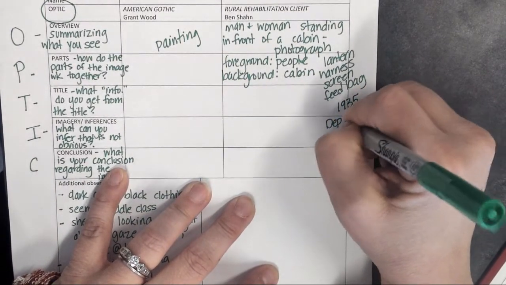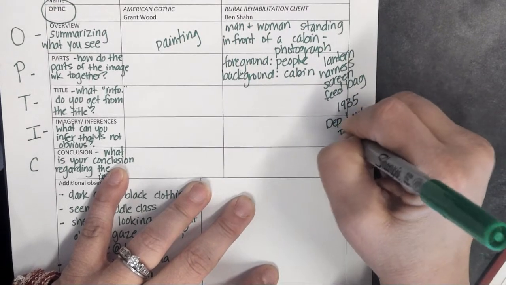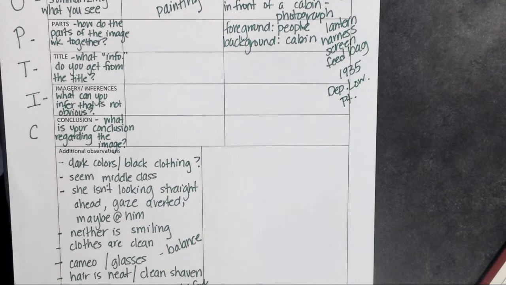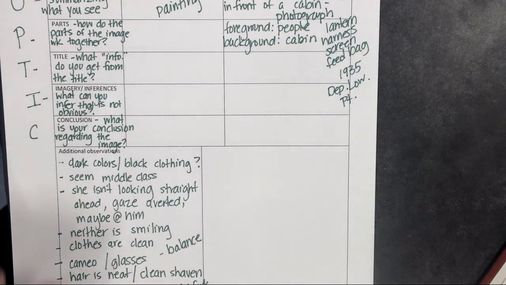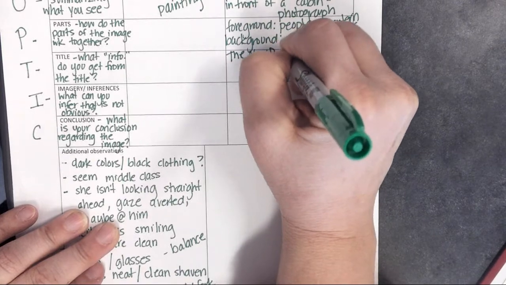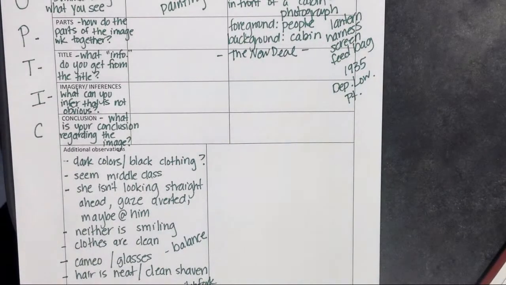So, what might we get from the title? What was introduced in the 1930s to help us get out of the Depression? There's a lot of organizations that are involved, and they were under the New Deal.